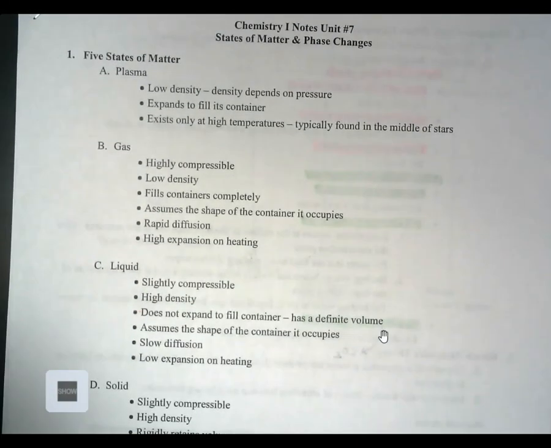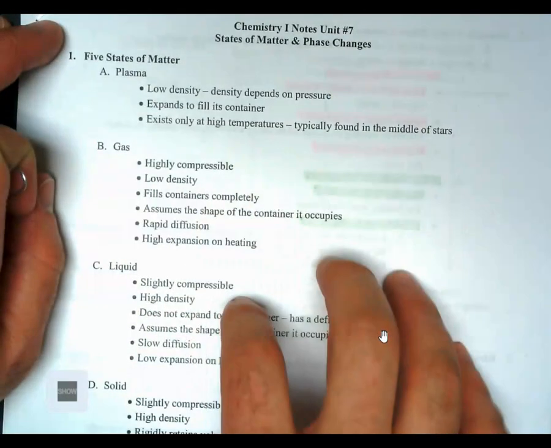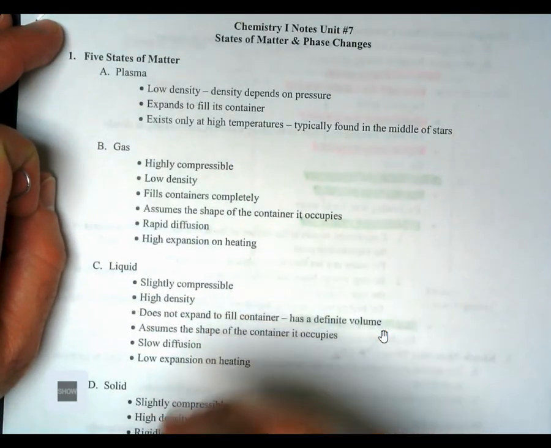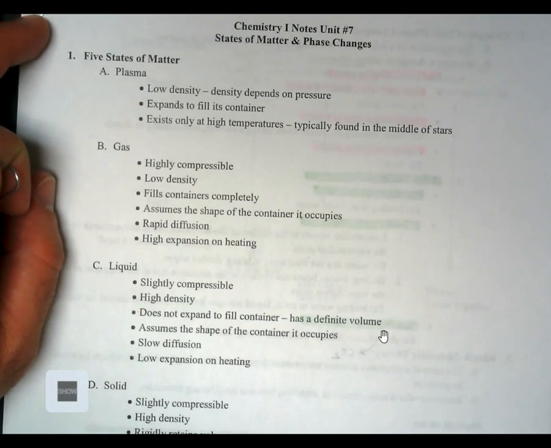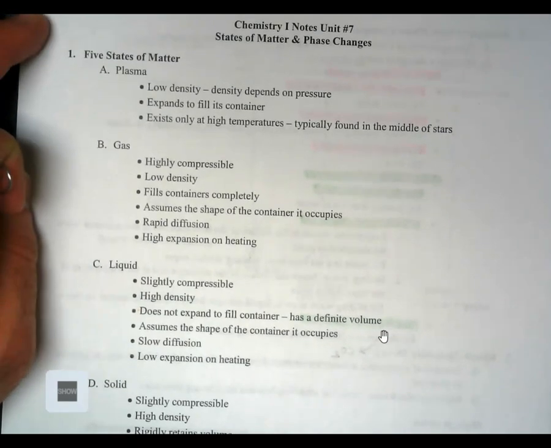Now I'll tell you guys what I told the other classes. I know you guys have done states of matter stuff before in middle school and maybe even some high school class, depending on what you've taken. But you've done states of matter before, right? So I'm going to go through this info kind of quickly, and I'm not going to read all of it because I don't want to bore you to death with stuff you've already known.